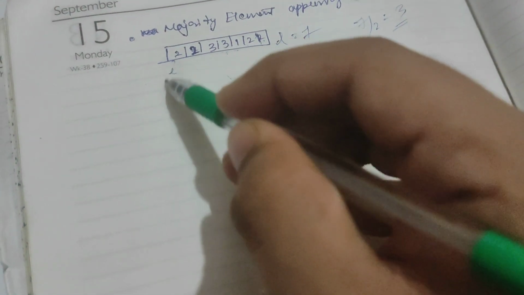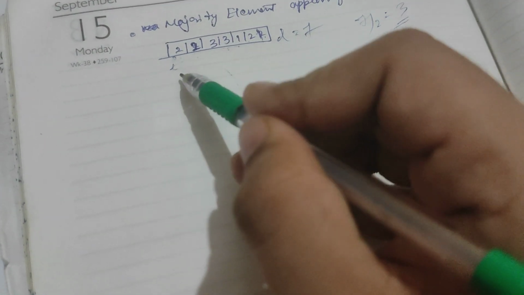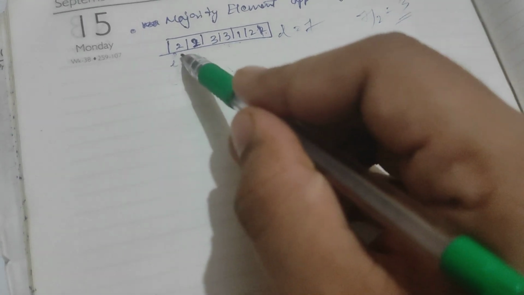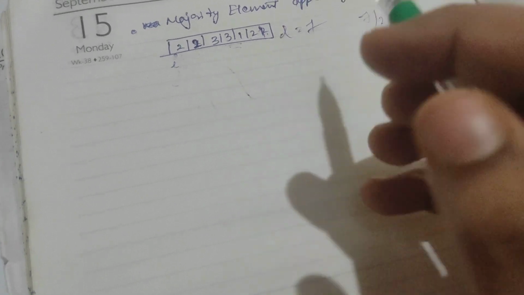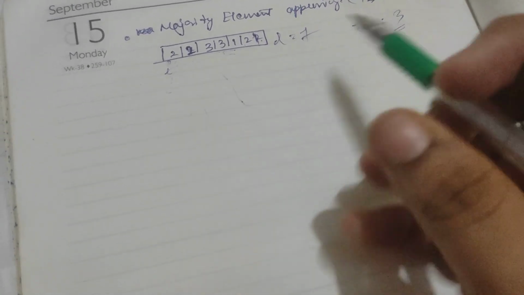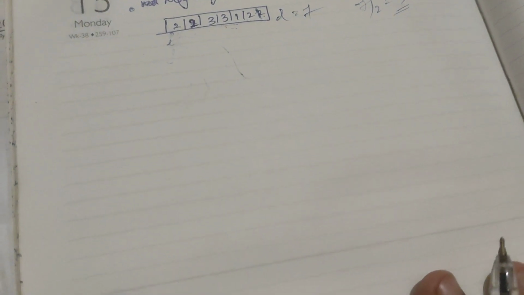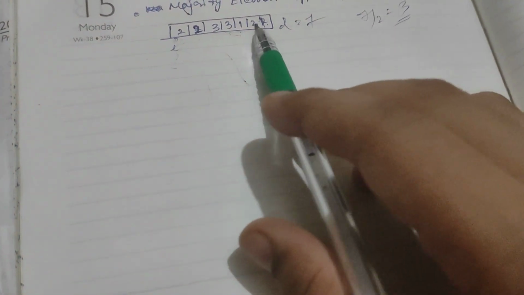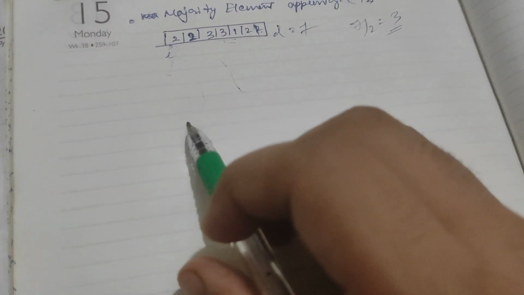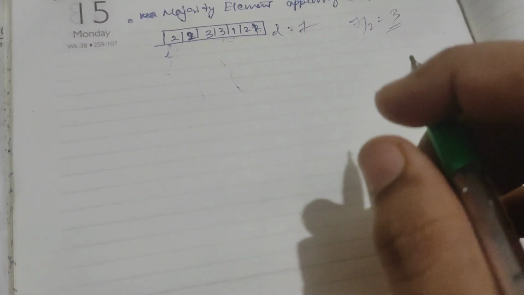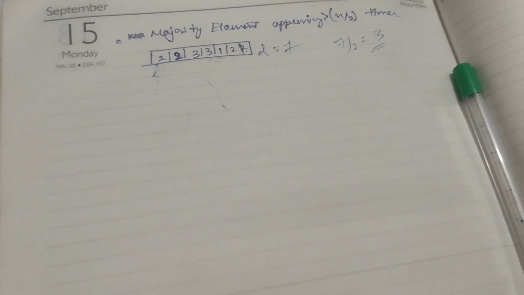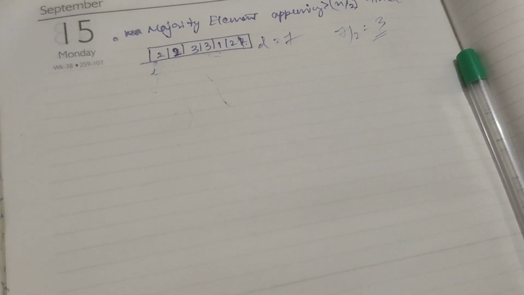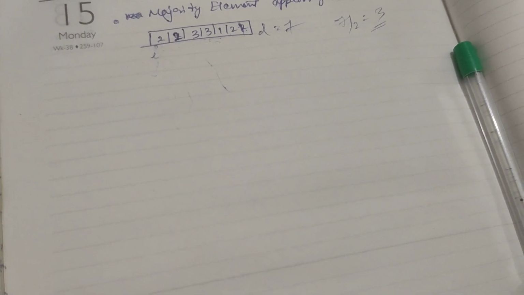For each i we will check j, and for each i and j we will increase count, and if count is more than n by 2 we will return that element. For example, here it will be 2, but its time complexity will be n square, which is greater than linear time.